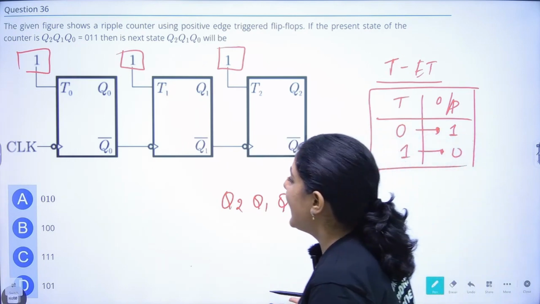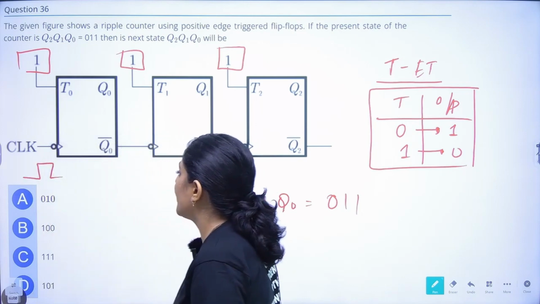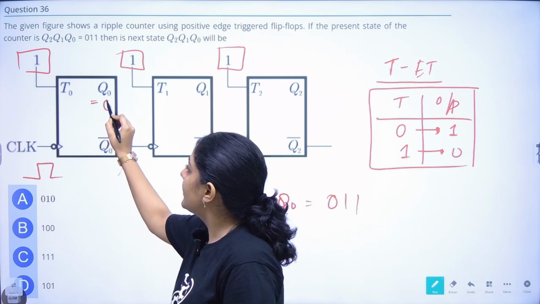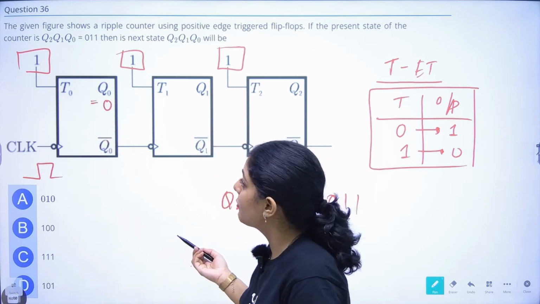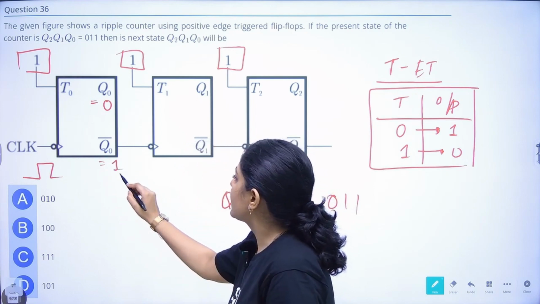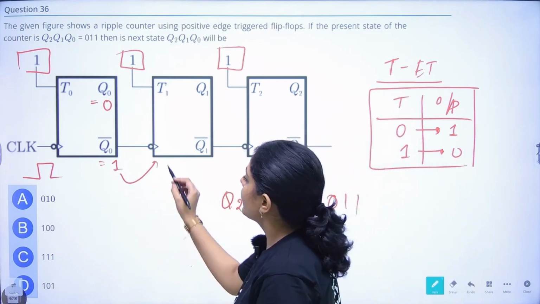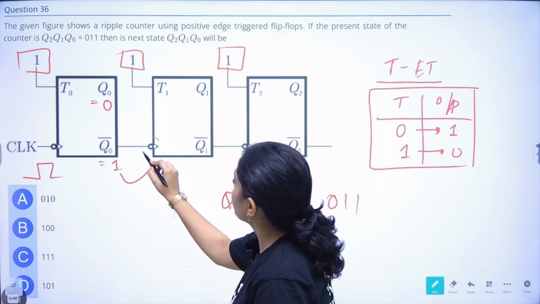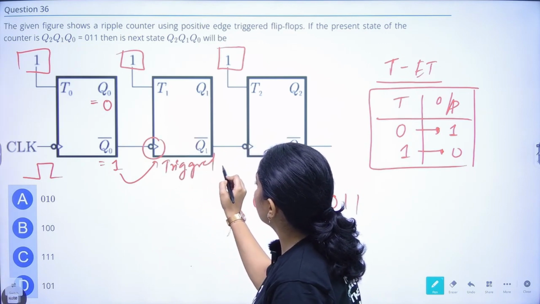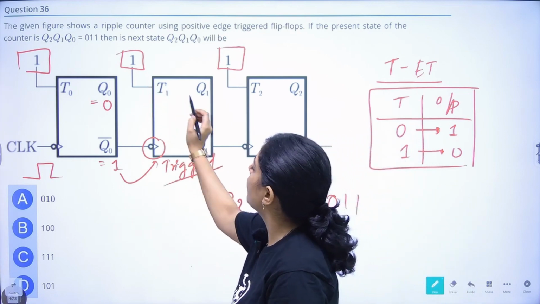So what's happening? If the clock appears, what will happen? Q0 will become 0 because input of T is equal to 1, and this will become 1. That means it will trigger the next one also. Right, this is already triggered now because this is triggering it. If the clock is triggered again, this 1 will come here.